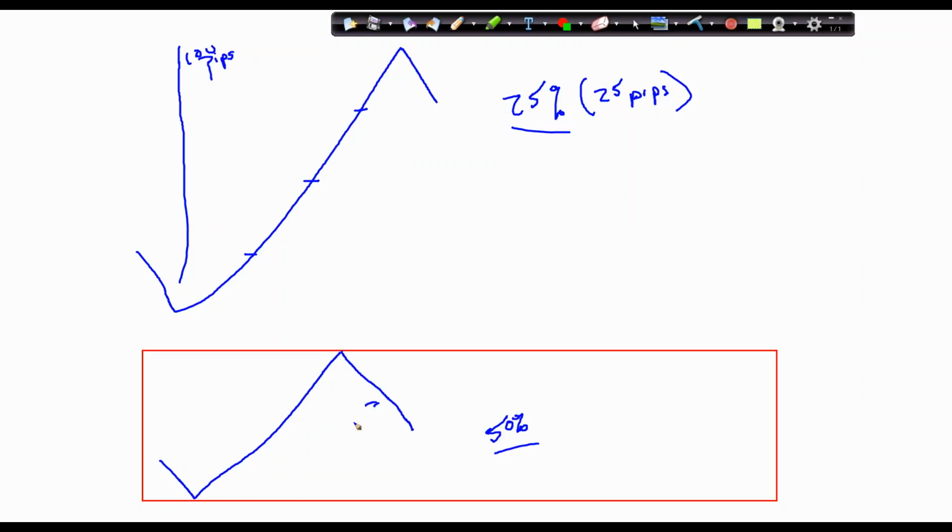We now call that disproportionate, and therefore we become a retrace. But in technical terms with multi-wave, how do we measure this pullback to 25%? We put a Fibonacci on it, and we go from the swing low to the swing high, and then we measure that pullback against that distance.